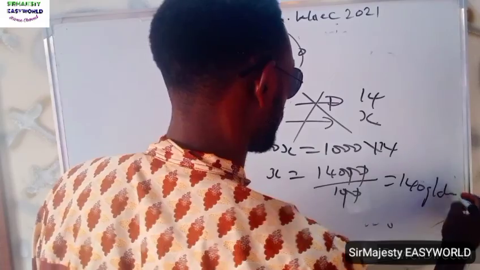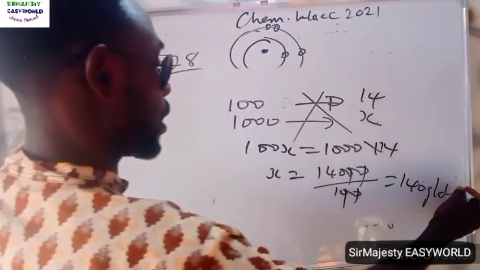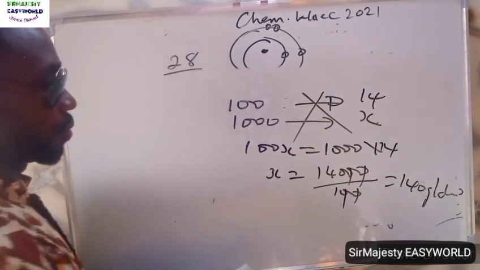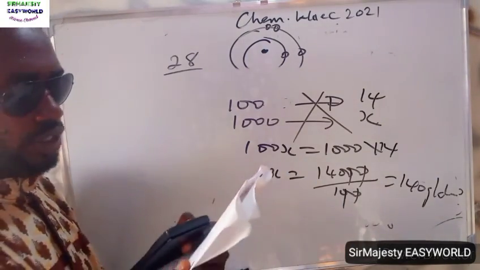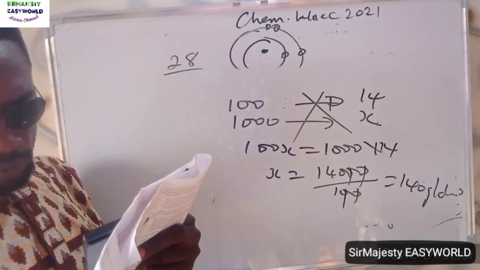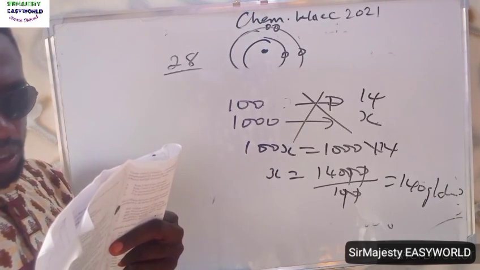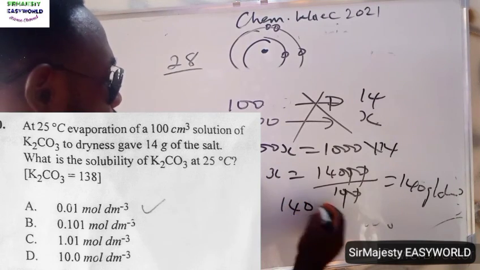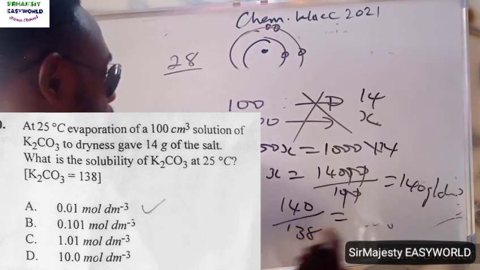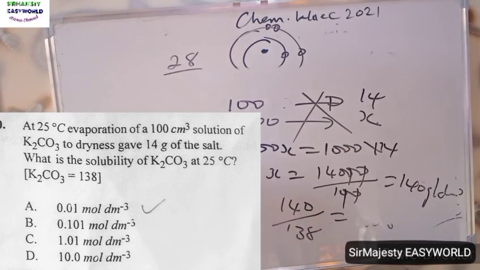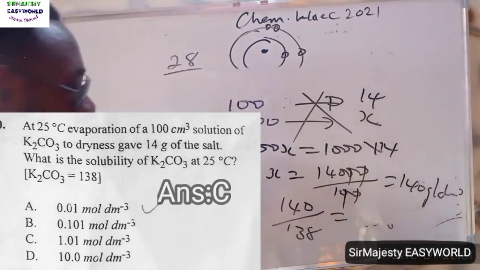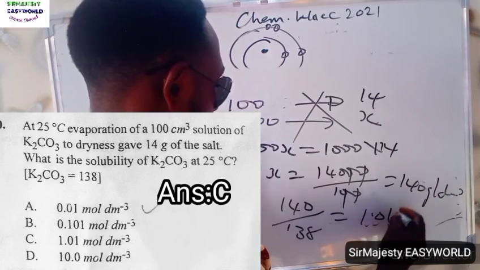This is 140 grams per dm cube, because dm cube means 1000 cm cube. But they said mole per dm cube. Therefore, you divide by the molar mass of the salt, which is 138. So 140 divided by 138 gives approximately 1. So option C is the answer, that is 1.01 mole per dm cube.